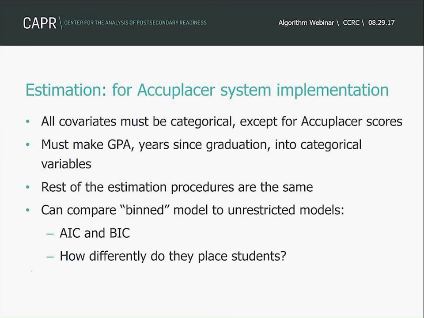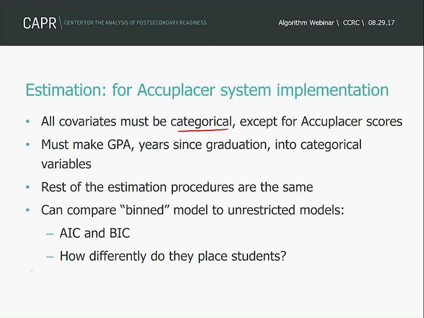Okay, so one thing to keep in mind for AccuPlacer, and Dan will talk about how he did this for AccuPlacer with each college, is that, as I mentioned, all covariates must be categorical for AccuPlacer. So the biggest constraint here was that GPA and years since graduation had to be turned into categorical variables.